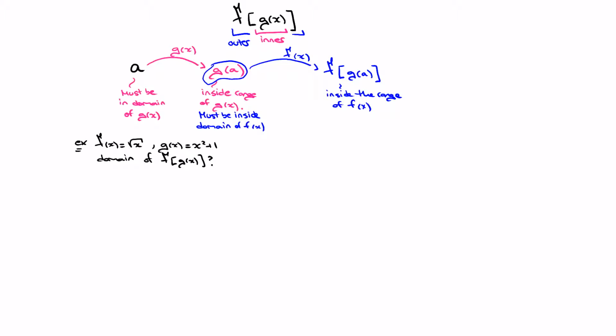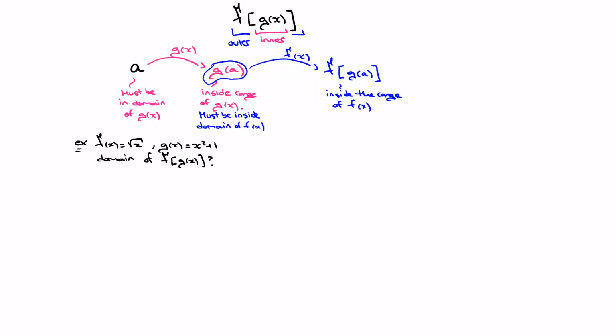Well, to do this, the best starting point really is to just look at the functions f and g and find their domains and ranges on their own. So ignoring the composite function altogether for a second, let's just find the domains and ranges of f and g.